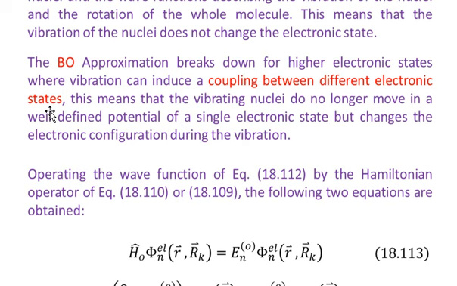That is, at very high electronic states, the Born-Oppenheimer approximation will break down, and the coupling between the vibrational states and the electronic states will start. This means that the vibrating nuclei no longer move in a well-defined potential of a single electronic state, but change the electronic configuration during the vibration.